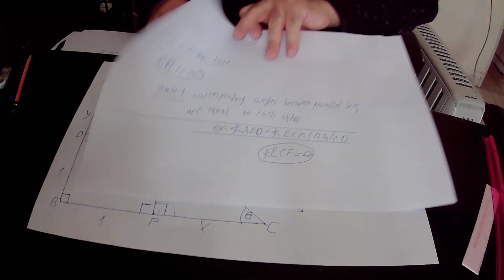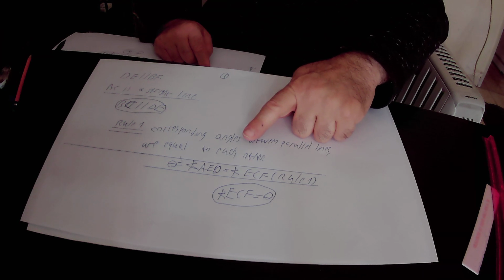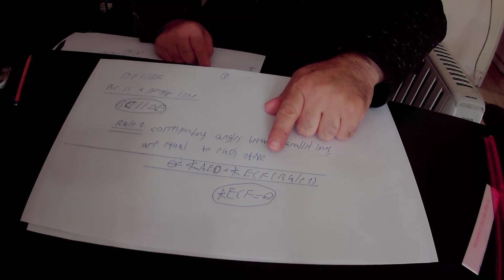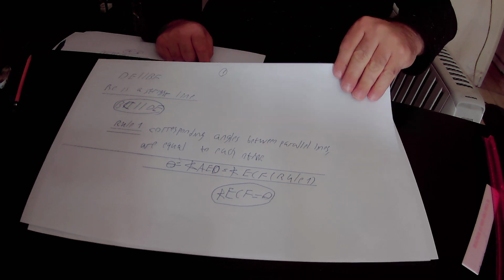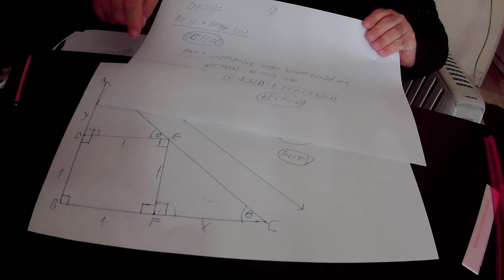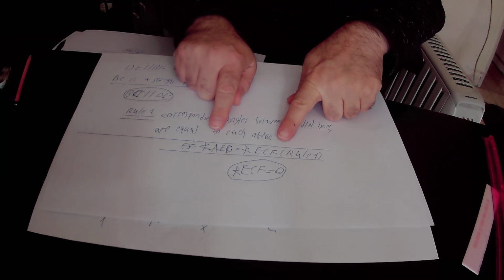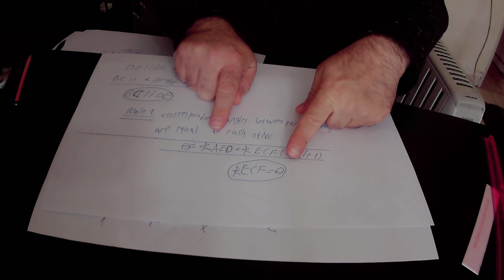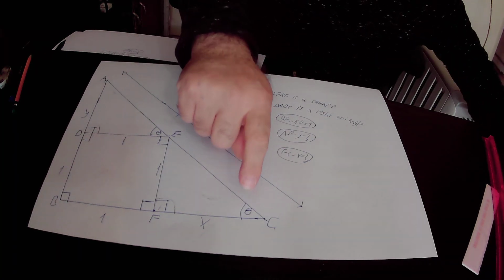That is to say, angle AED equals angle ECF according to rule number 1. And if we define angle AED as theta, then from this equation we derive that angle ECF also equals theta.